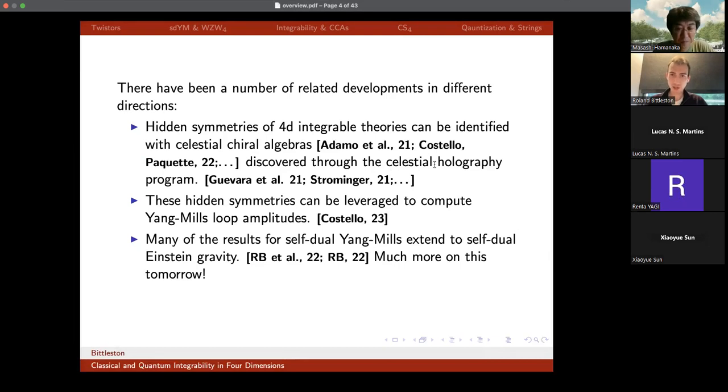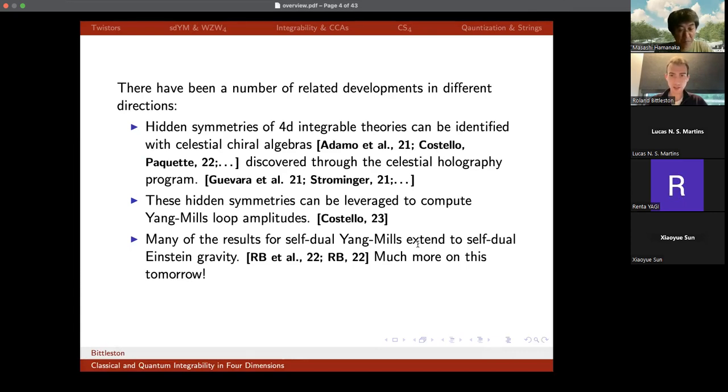Of course, the celestial holography program is a whole subject in itself, and I couldn't cite all the papers there, but these couple of papers are probably the most relevant for the connection to the things I'll be saying today. That connection can be leveraged to compute Yang-Mills amplitudes, in particular loop amplitudes in certain theories.